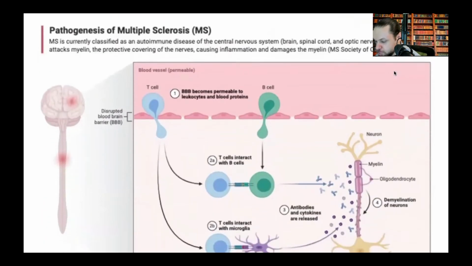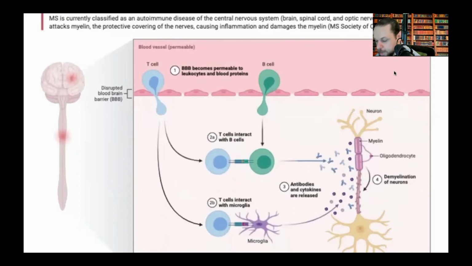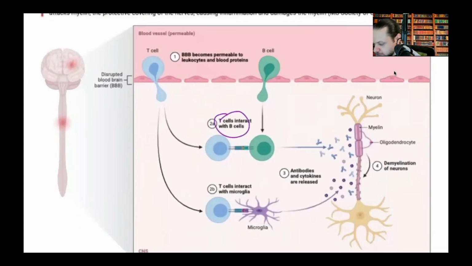Here we see multiple sclerosis, MS. The B cells primarily target oligodendrocytes. So they will target oligodendrocytes in the CNS, the central nervous system, and demyelinate those cells.